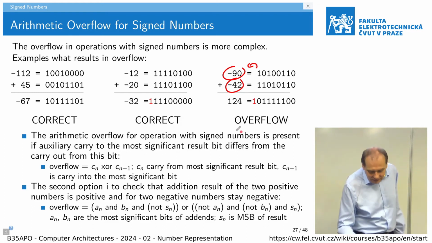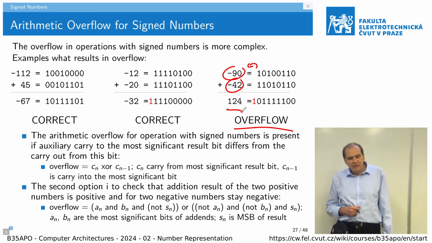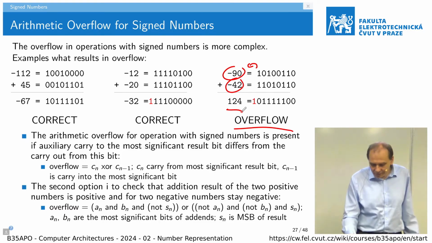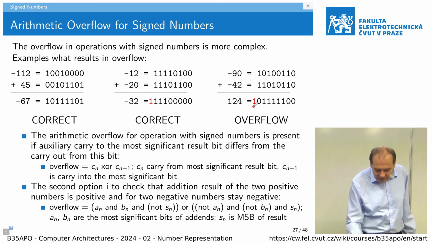But in this case, it is a problem, because from two negative numbers we get a positive result, which from an arithmetic point of view really doesn't look right. So how can we detect this situation?